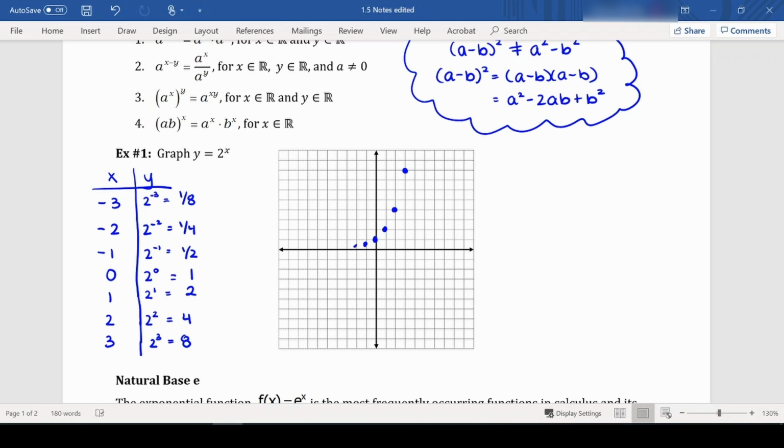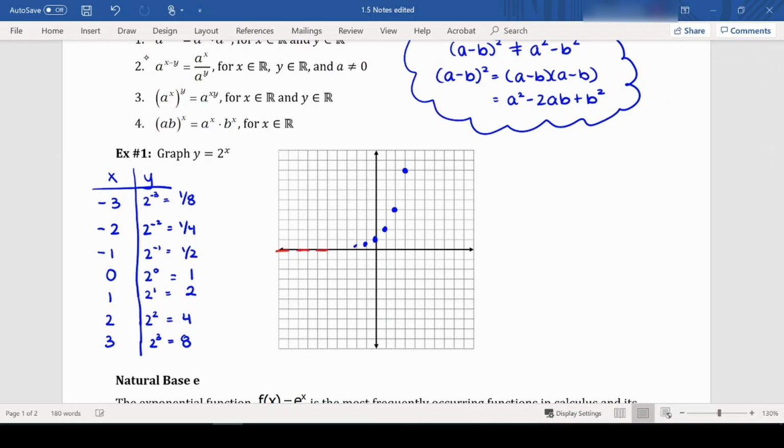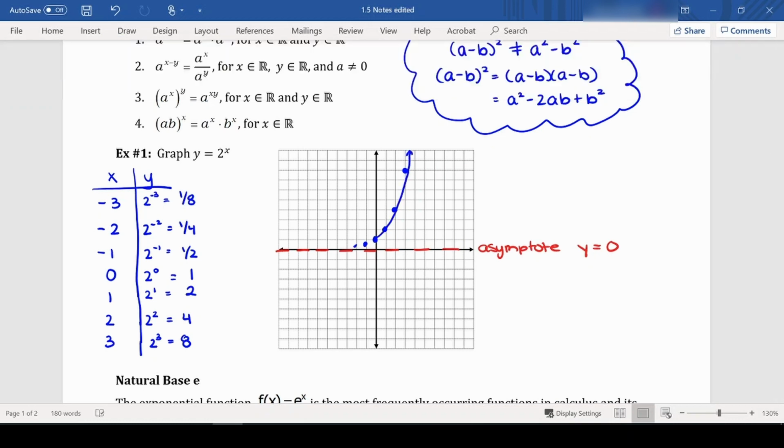You can see that no matter what the x exponent is, there's no way we're going to get down to a y value of 0. We actually have an asymptote here at y equals 0. And now this makes it a little easier for me to connect my points.